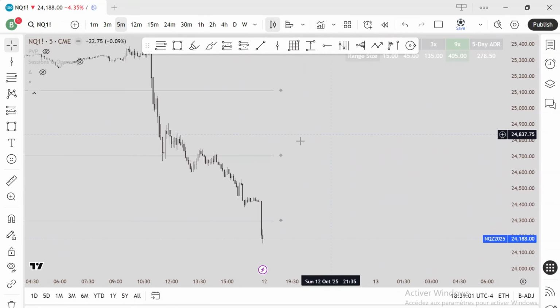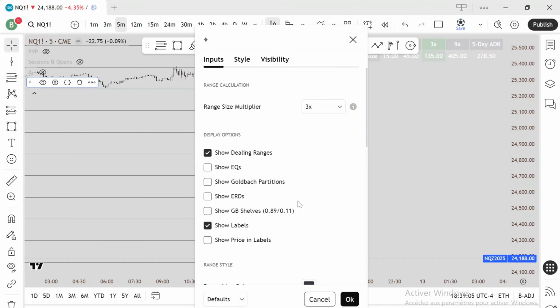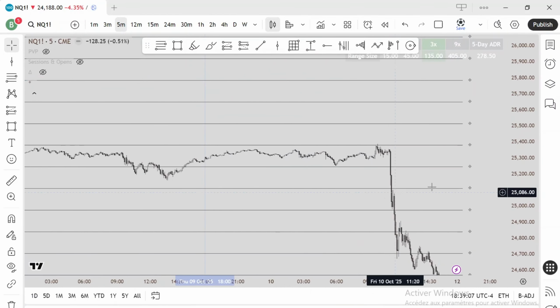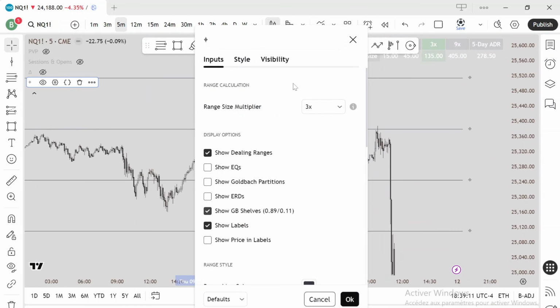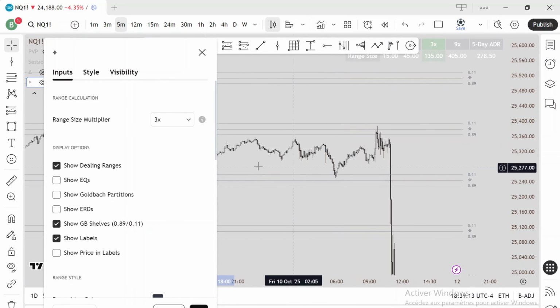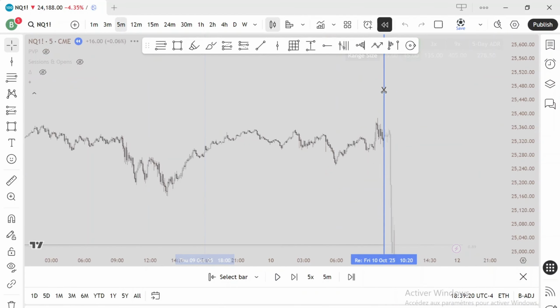But I did catch, for example, that long, and if you use the 3x, you could have caught the short here, and you could have also caught a nice long here.